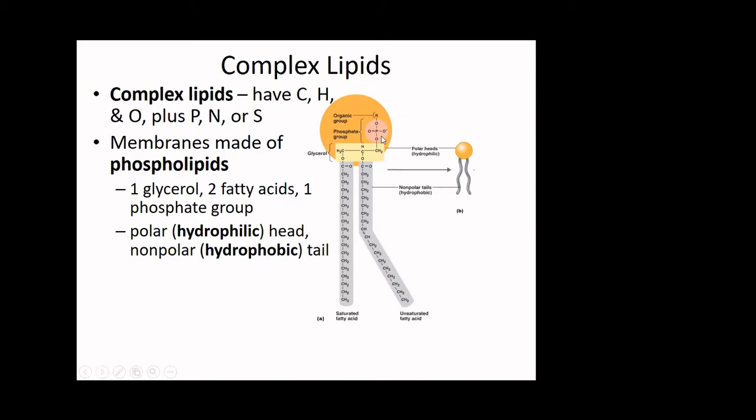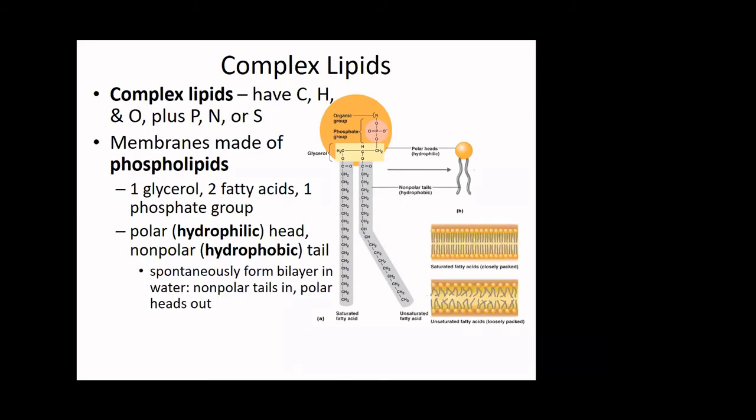So it's a phospholipid, meaning it's phosphorus and lipid together. It makes up our cell membranes because this phosphate group likes water and the lipid doesn't, right? So you have the polar head and the nonpolar tails, polar meaning it likes water and nonpolar meaning it doesn't.